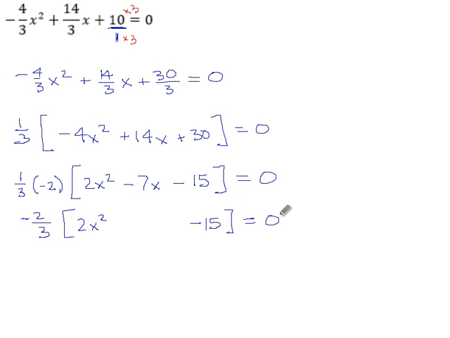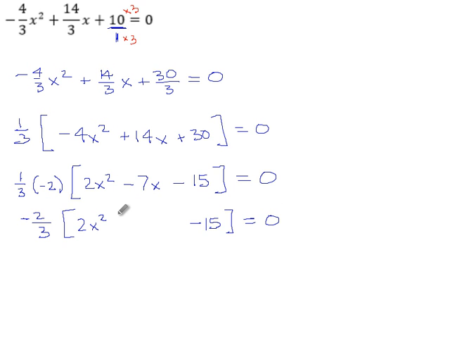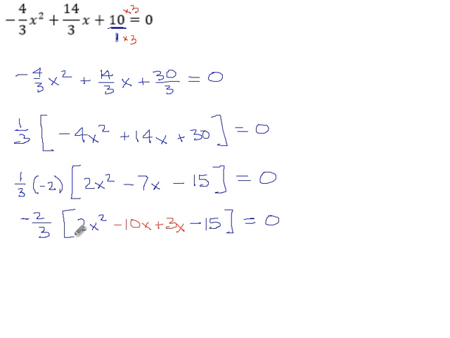And for the middle term, I'm going to try to find two numbers which add up to -7 and multiply to the product of these, so -30. And I believe those numbers are -10 and +3. So instead of -7x, I'm going to say -10x plus 3x.